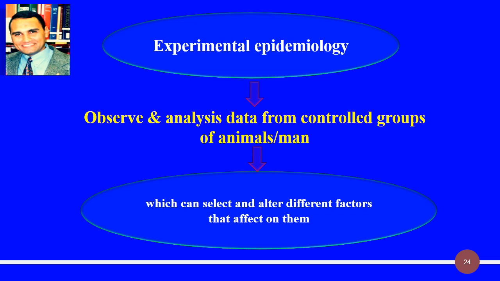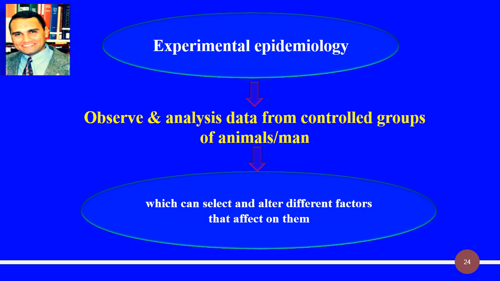So experimental epidemiology means that we observe and analyze data from controlled groups that we choose and collect, of animals or men.